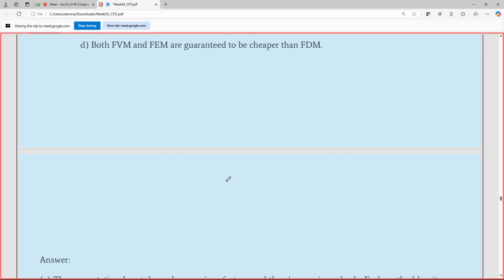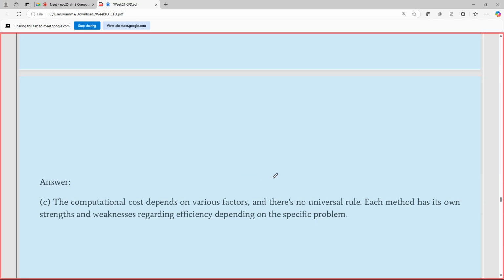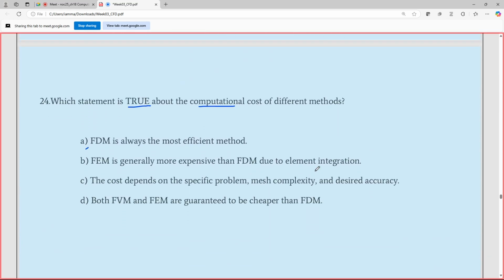Our answer is option C, where the computational cost is always depending on the specific problem actually, how that specific problem is, how complex the mesh is, and what is the accuracy desired.